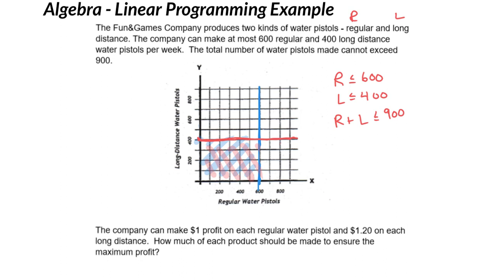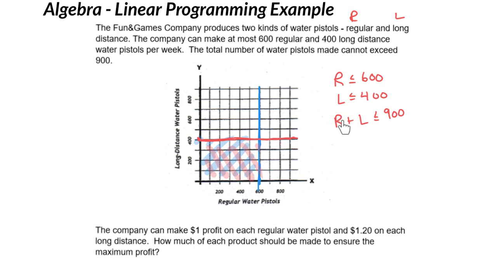Now let's graph our last constraint, and I'm going to do this using the intercept method. I'm going to start by saying, if I made no regular, that means I could make 900 long. Now, if you're thinking, wait, you said that wasn't possible, we graph each of these inequalities separately.